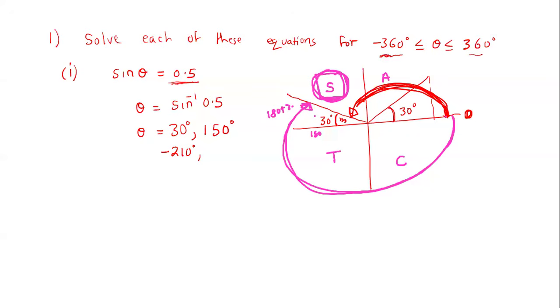Remember in this quadrant, sine is positive. So we are moving in the negative direction because the domain they gave us told us to give those angles, and when the angle is negative, you get a positive sine.